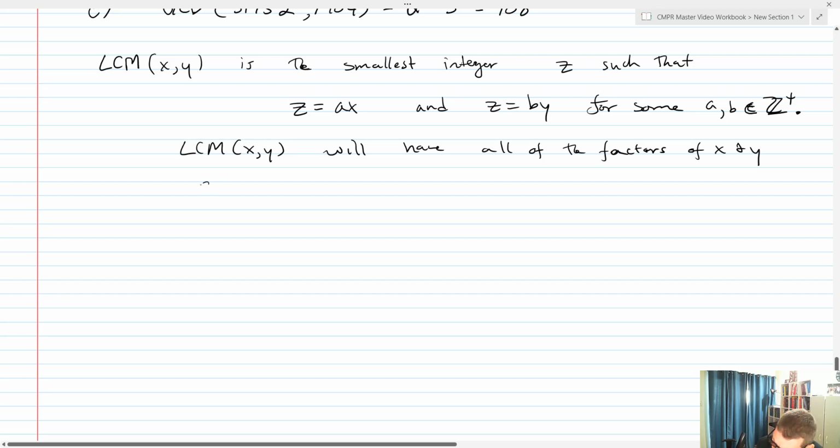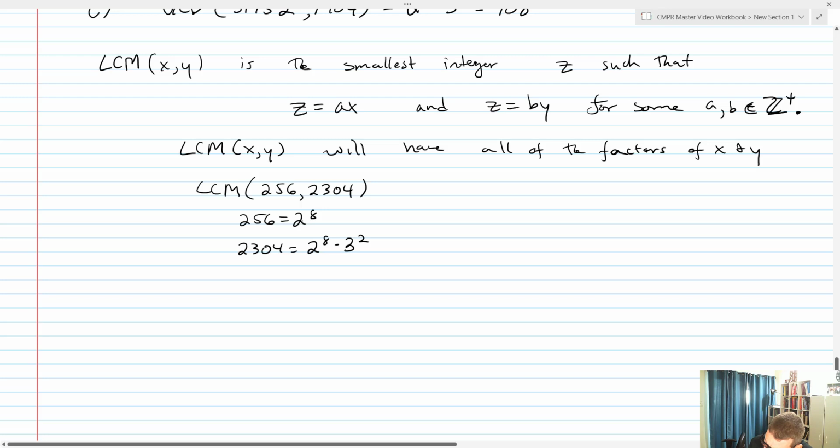So for example, if we take the GCD of 256 and 2,304, or excuse me, the LCM, then what we're going to see is that 256 is 2 to the 8th, and 2,304 is 2 to the 8th times 3 squared.